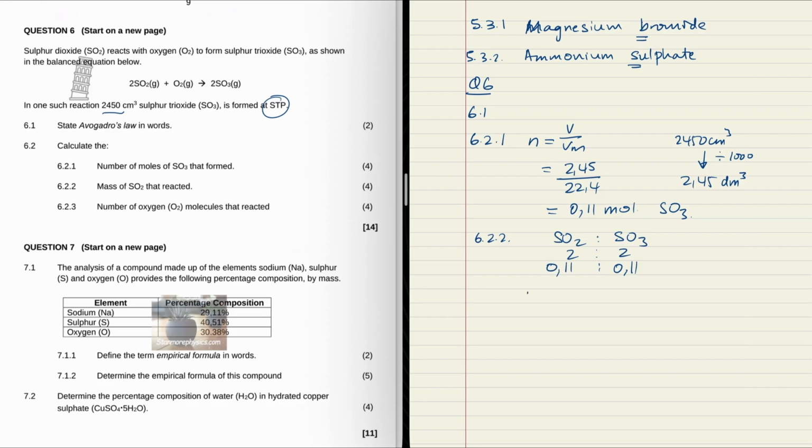Now I can use the formula mass equals number of moles multiplied by molar mass to get the mass. Number of moles of SO2, 0,11. The molar mass of SO2 is 64, and that's going to equal 7,04 grams of SO2.